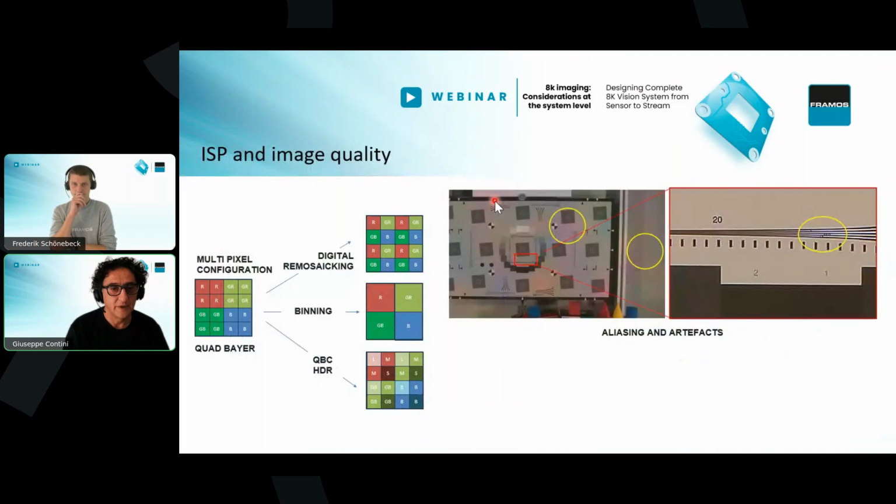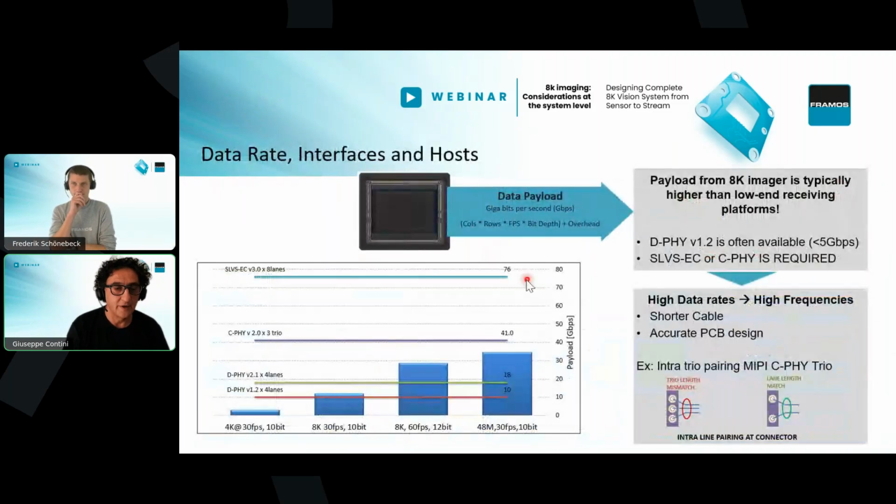I want to take the chance to recall this slide. Here you have MIPI D-PHY 1.2, which is very common now. And indeed, 8K at 30 frames per second is a bit more than the maximum you can get on D-PHY, in line with my estimation of about 20 to 25 frames per second. But if you have a powerful interface, what does that mean?